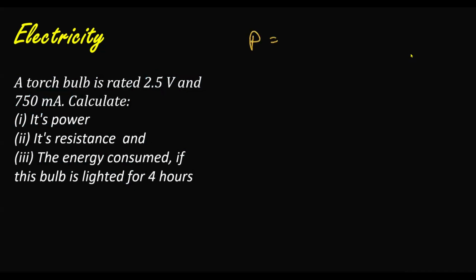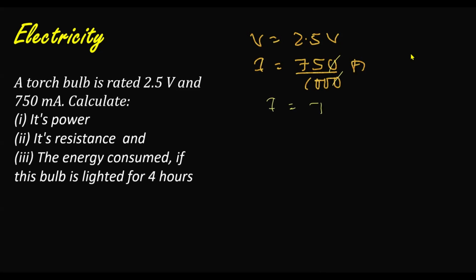Voltage supplied is 2.5 volt and the current here is 750 milliampere, right? So 750 divided by 1000 should mean ampere. You can reduce it. So I comes out to be 0.75, or we may write in fraction, that is 3 over 4 ampere is the current.